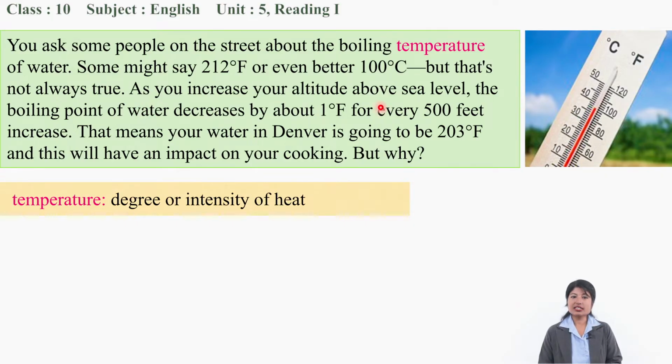As you increase your altitude above sea level, as you go up from sea level, the boiling point of water decreases. The boiling point decreases by about 1 degree Fahrenheit for every 500 feet increase. That means your water in Denver is going to boil at 203 degrees Fahrenheit, and this will have an impact on your cooking.